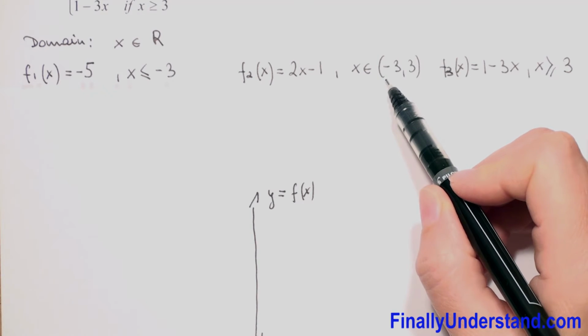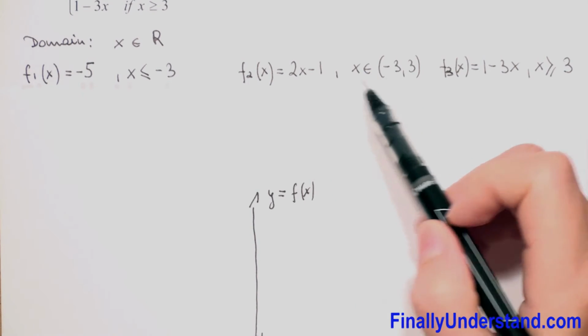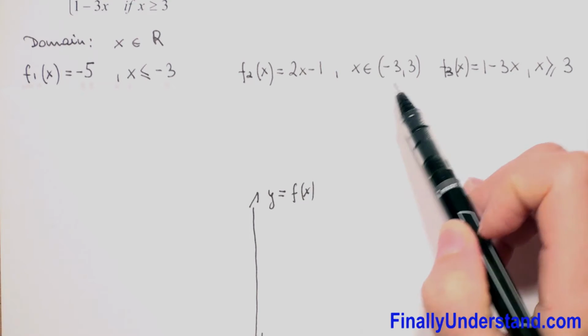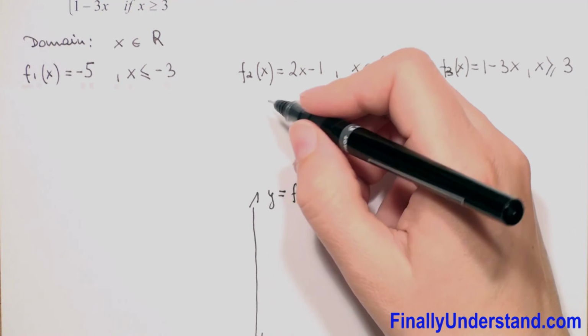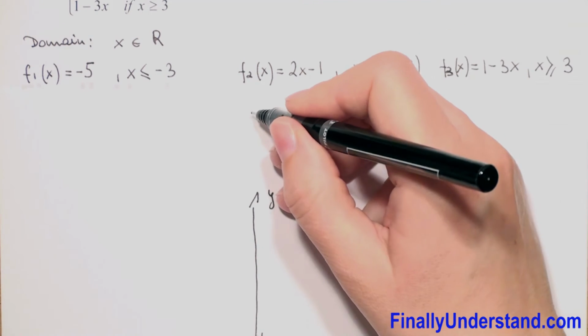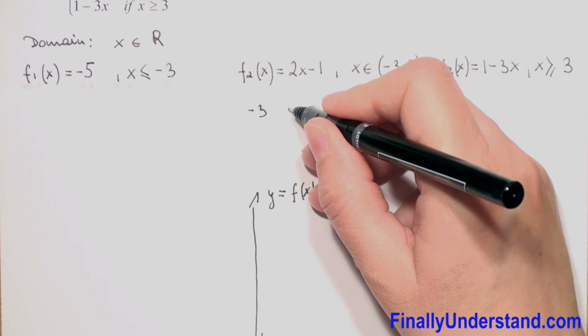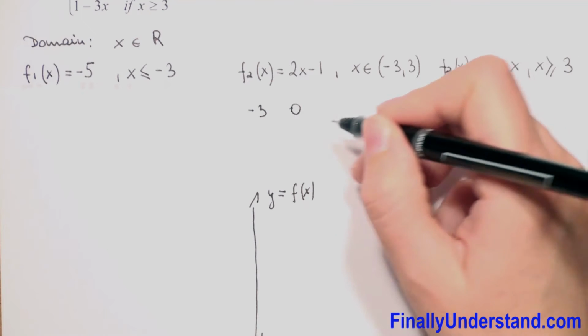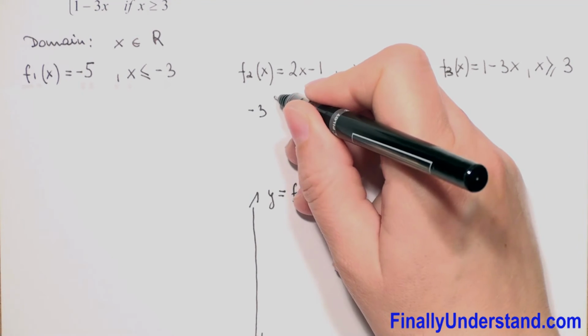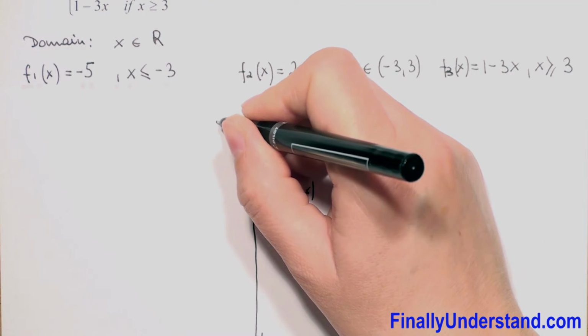Like always, we will check how this function behaves on the end of this interval. So I have to choose negative 3. I can choose 0 and 3. So let me draw the table.